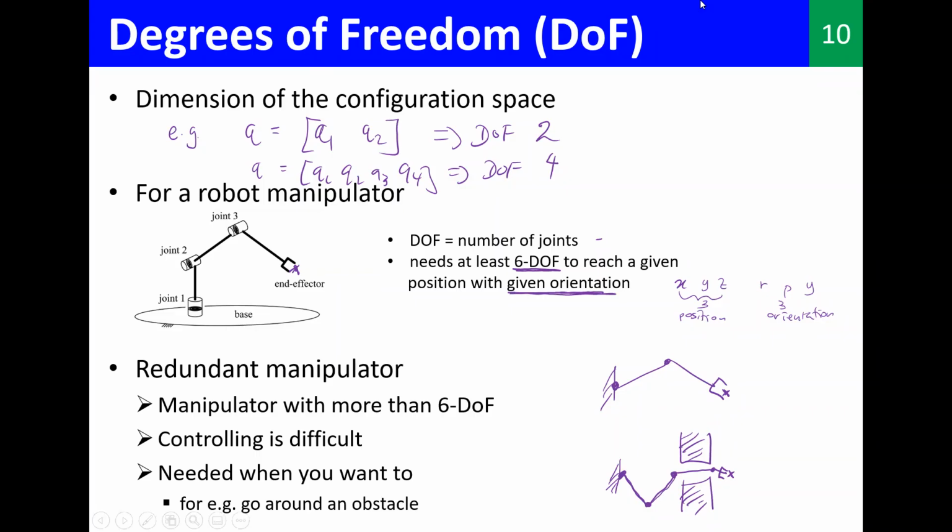Any guesses? If I help you a little bit, I told you degrees of freedom are not like the number of joints, right? So how many joints do you think we have in the human body? Any answers?